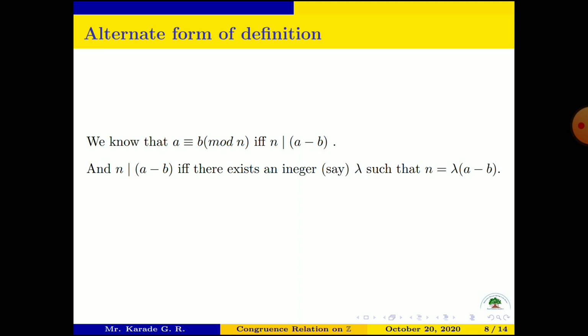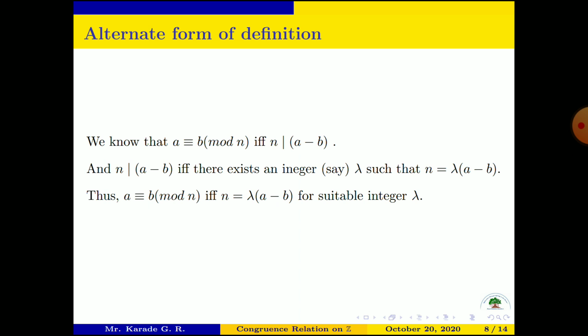So n divides A minus B. This means that A minus B is a multiple of n. Therefore, there exists an integer lambda such that A minus B is equal to lambda times n. Thus, finally, we can say that A is congruent to B mod n if and only if A minus B can be expressed like this, for a suitable integer lambda.